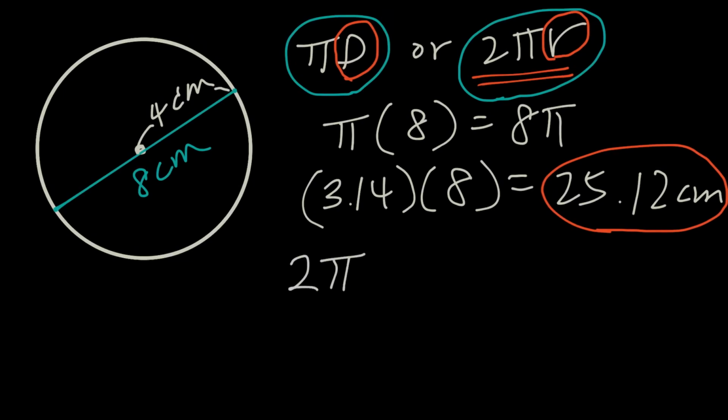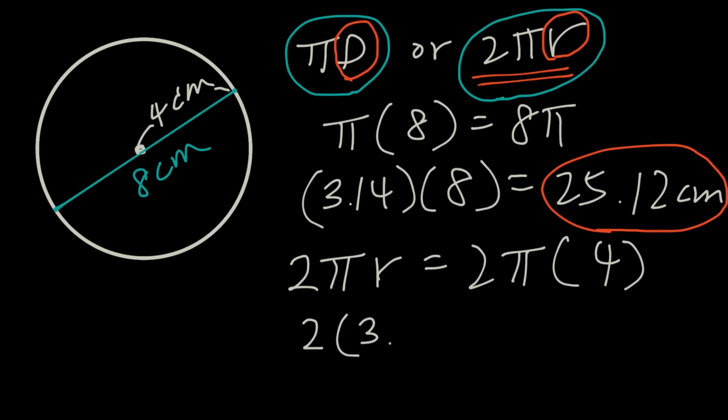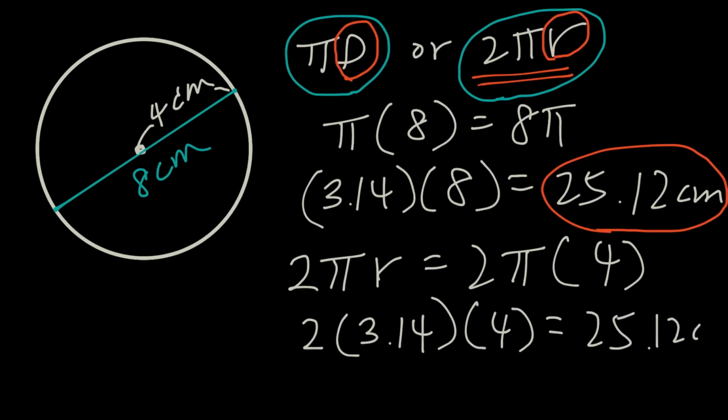So we take 2 pi r, which equals 2 pi times 4, equals 2 times 3.14 times 4, and the answer would be 25.12 cm as well. So as you can see, either formula will get you the same answer. Feel free to use either of the two formulas to find the circumference.